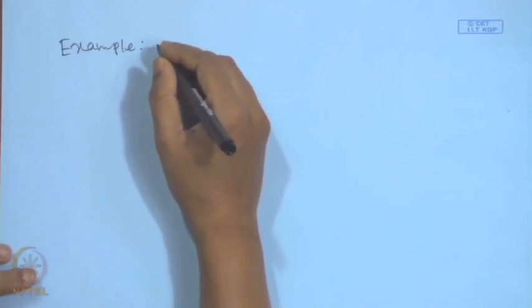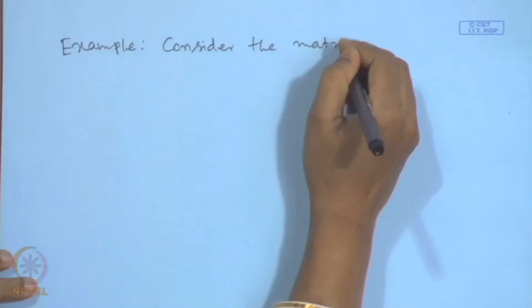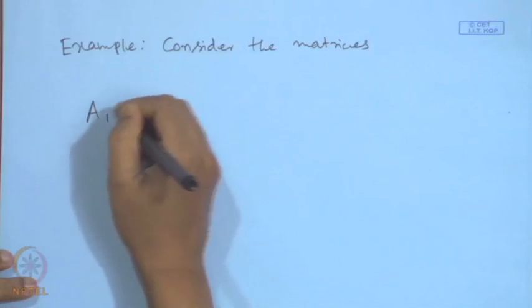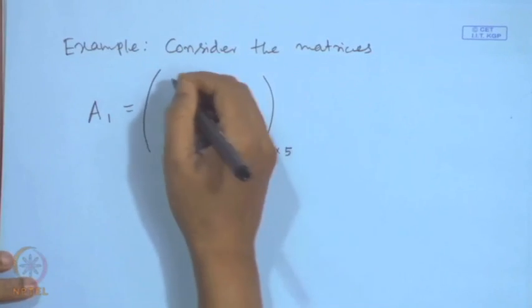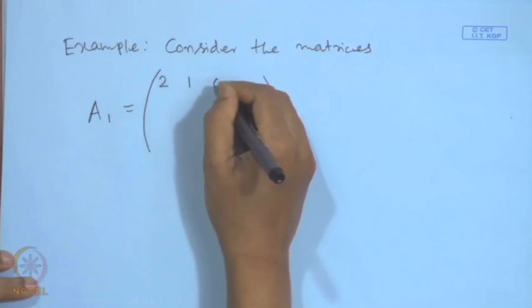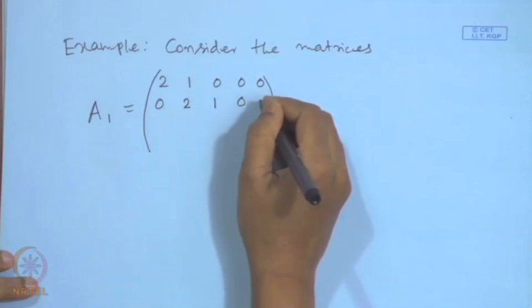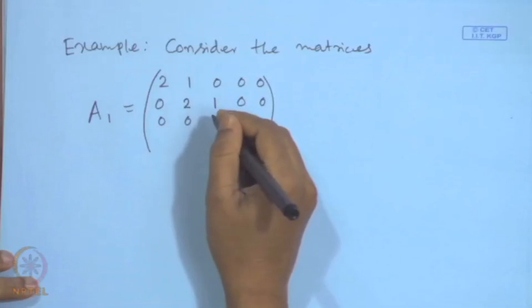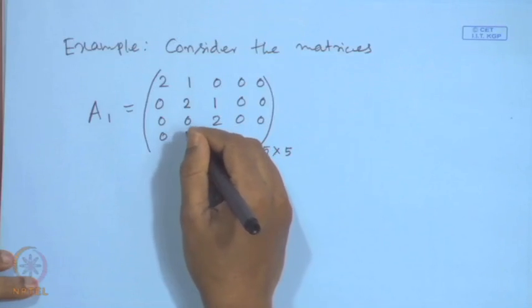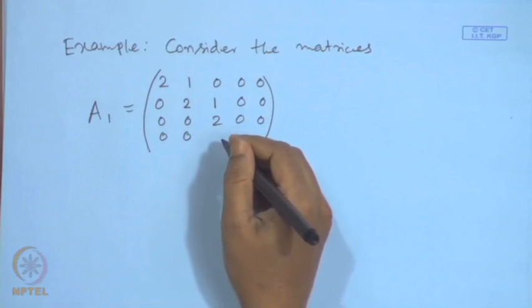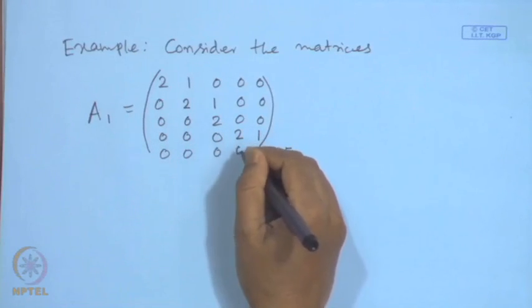Here we consider the matrices. A1 is of size 5 by 5 and the entries are 2 1 0 0 0, 0 2 1 0 0, 0 0 2 0 0, 0 0 0 2 1, and 0 0 0 0 2.